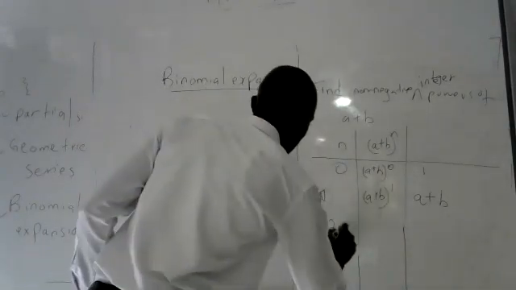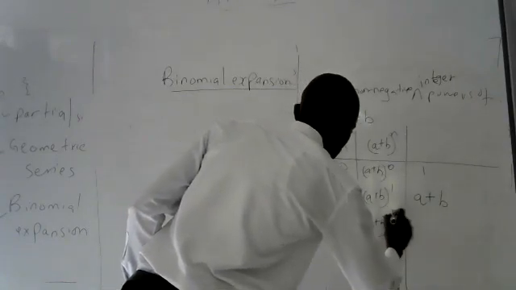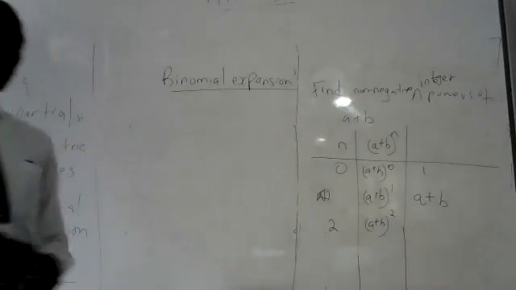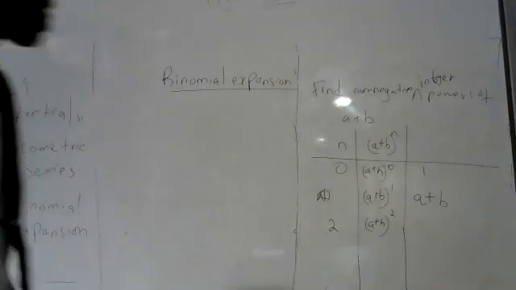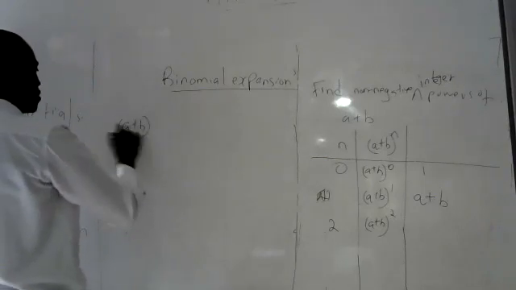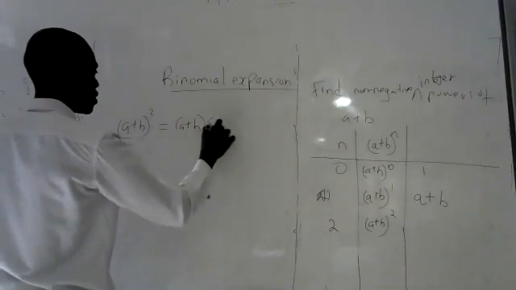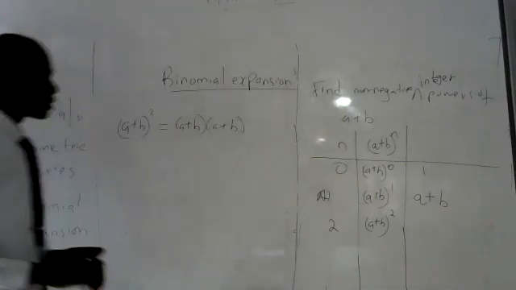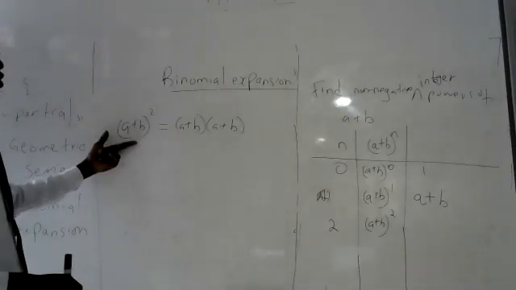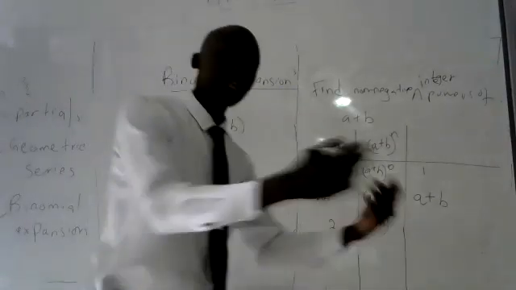Now let us start the journey. a plus b squared. What is a plus b raised to 2? Well, by definition, a plus b raised to 2 is simply a plus b times a plus b. Remember, the definition of something squared is something multiplied by itself. x squared is x times x.